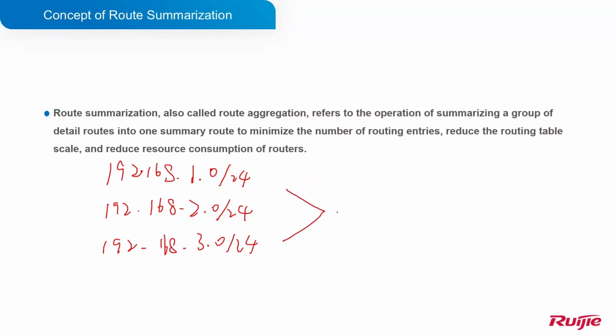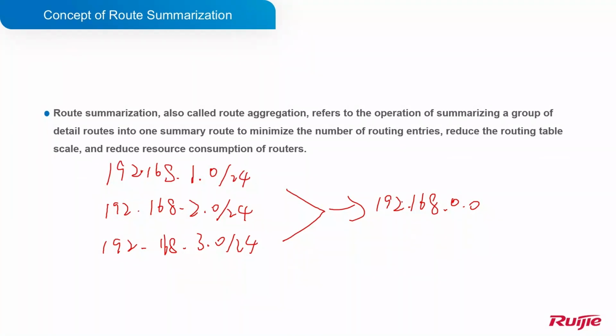So we can summarize these many detailed routes into 192.168.0.0. Okay, we can summarize the detailed routes to the summary route. So this is route summarization.